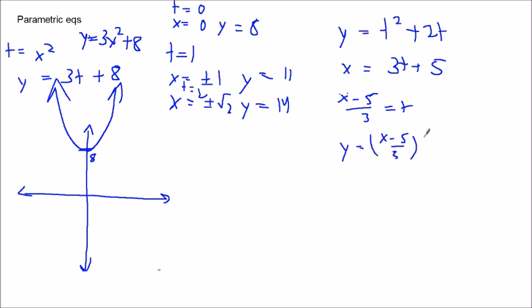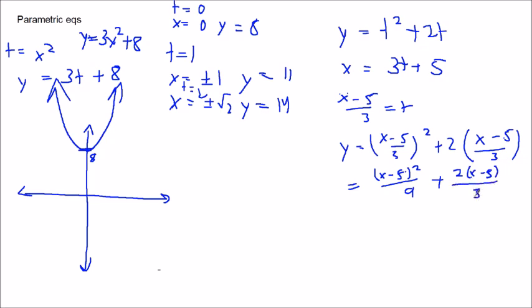I apologize for the extremely messy equation, but now this will get you x minus 5 squared, which I'm not going to expand, over 9 plus 2 times x minus 5 over 3. And 2 over 3 is the same thing as 6 over 9.